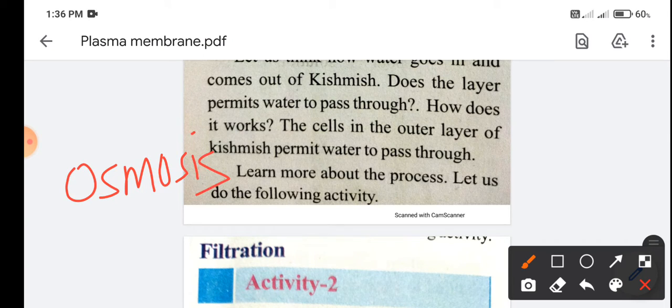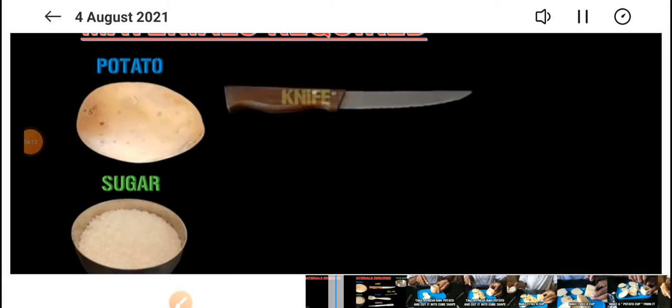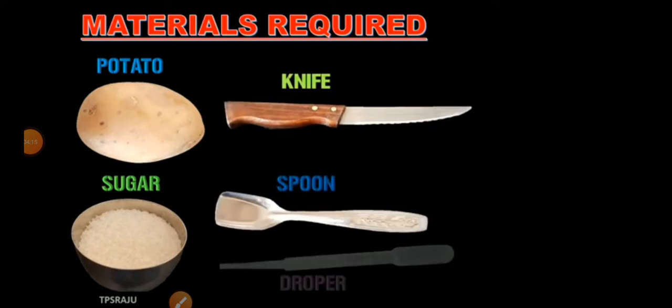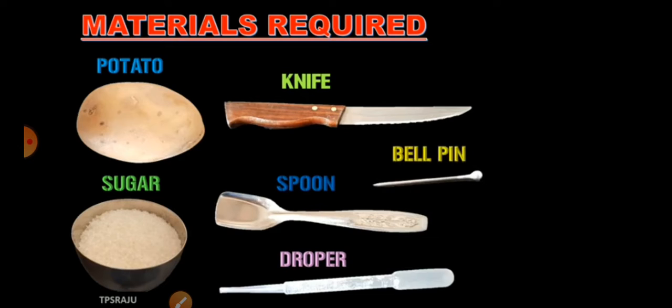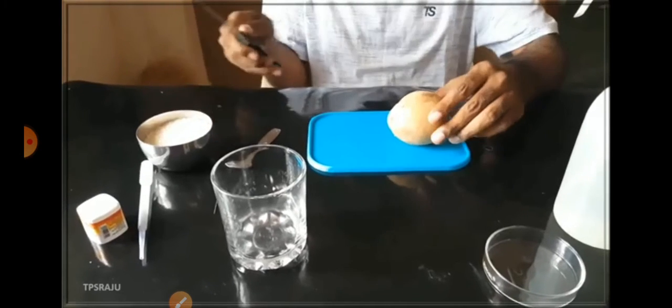Let's observe the process through this activity. Materials required are potato, knife, sugar, spoon, ball pin, dropper and petri dish.